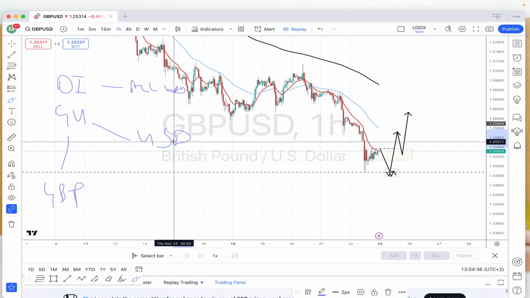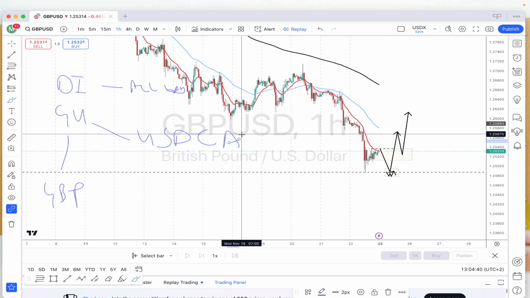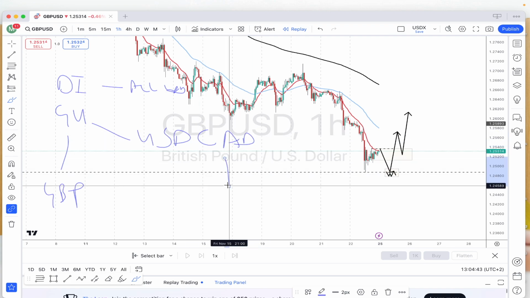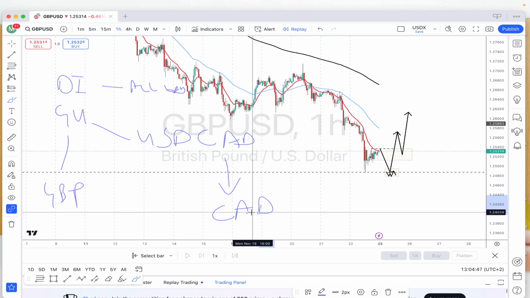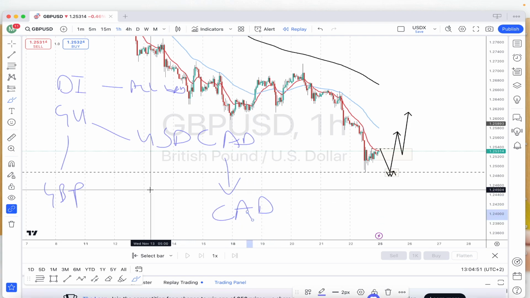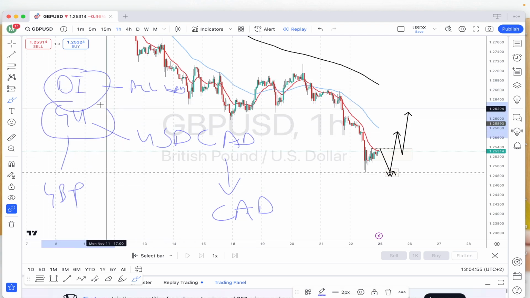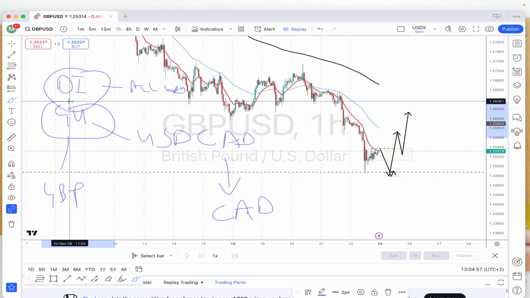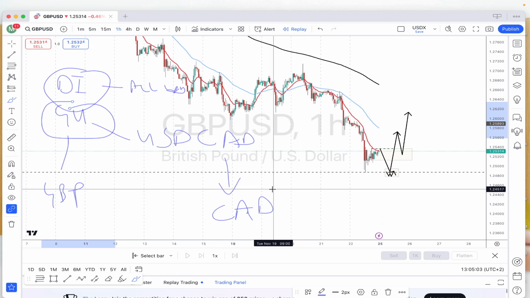So since you now know what USD CAD will do, then you now know what all CAD pairs are going to do. So that's how you actually analyze the market. Just by doing this and maybe one of the USD pairs to confirm, you already know what other pairs are going to do, and it becomes so easy for you to know all pairs.